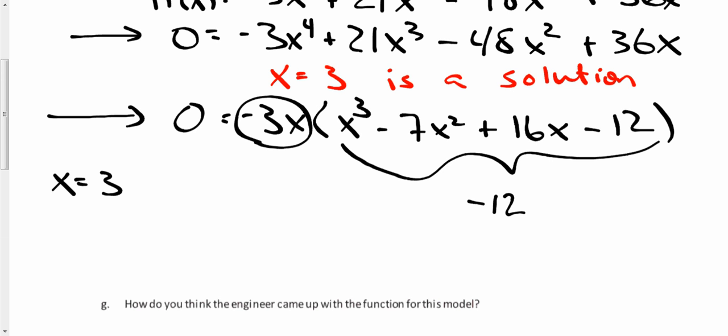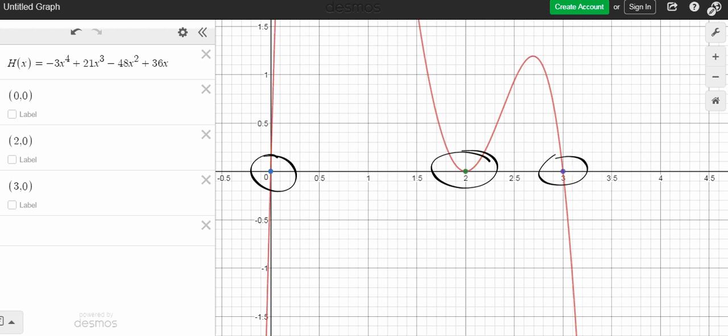What do all my factors have to equal? So when I'm analyzing this factor at this point, what does my factor equal at that point? Now my solution equals 3.